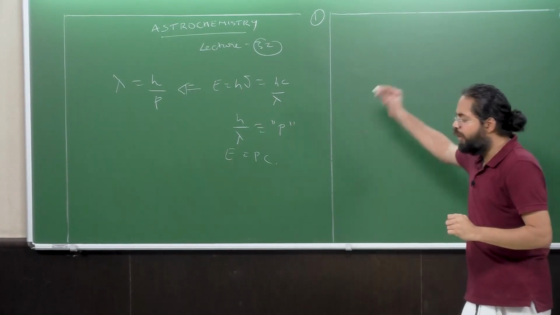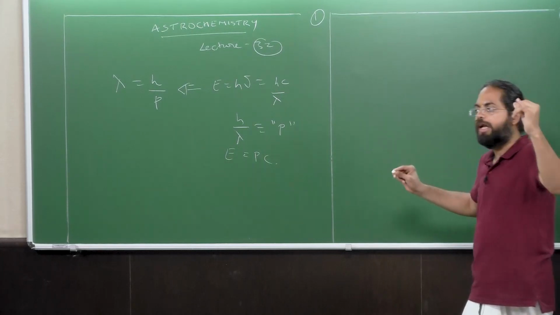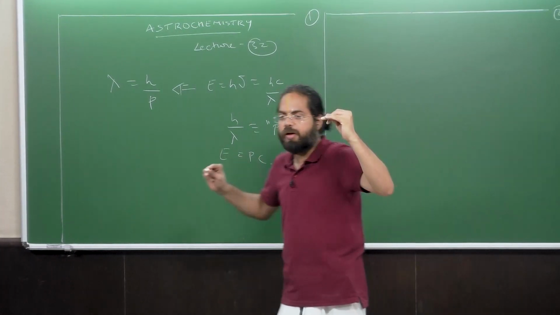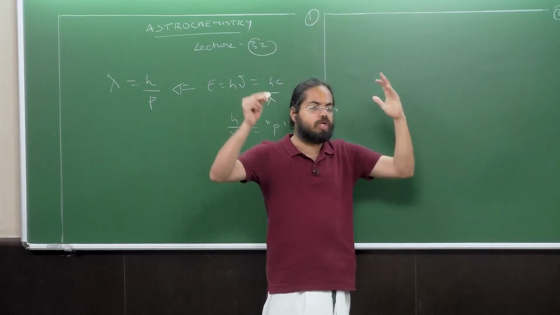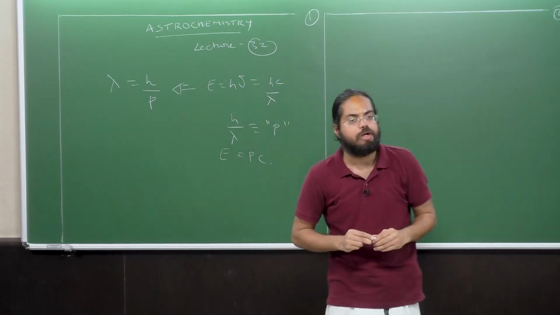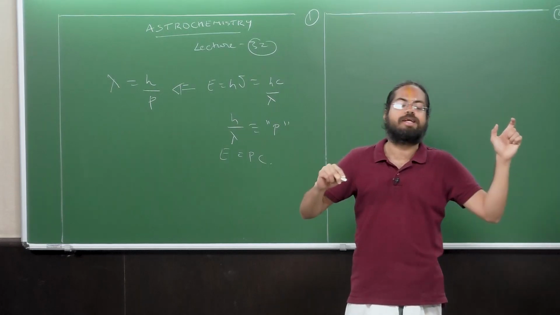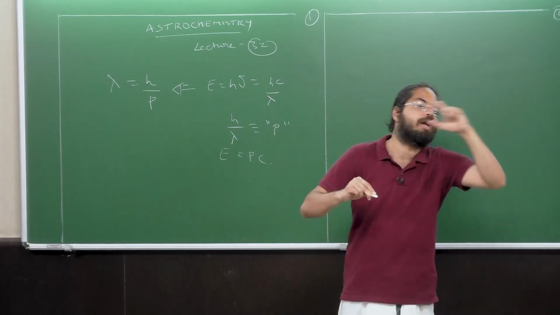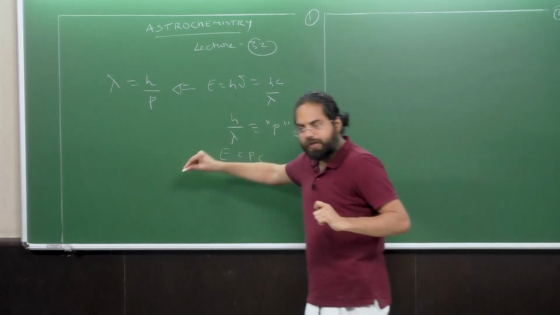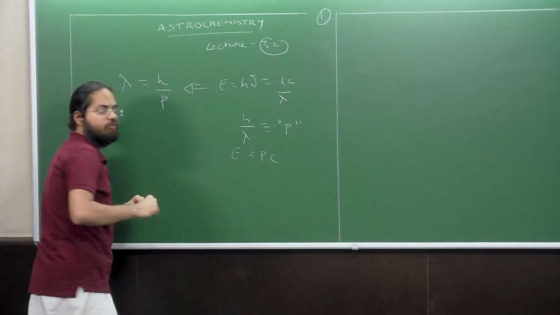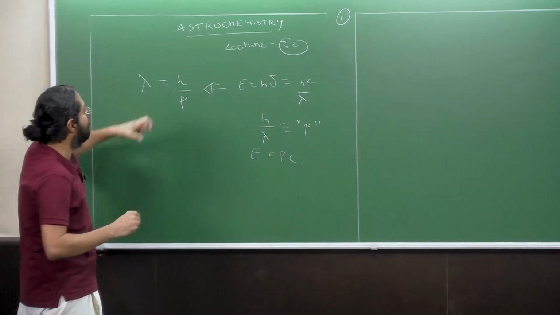I also told you yesterday that matter, that is, electrons, atoms, molecules, and even some big molecules, they also exhibit wave-particle duality. But how to quantify or how to connect the wave-like nature of a wave particle with its particle-like nature? For that purpose, the de Broglie equation is very helpful. Okay, this is the de Broglie relation.